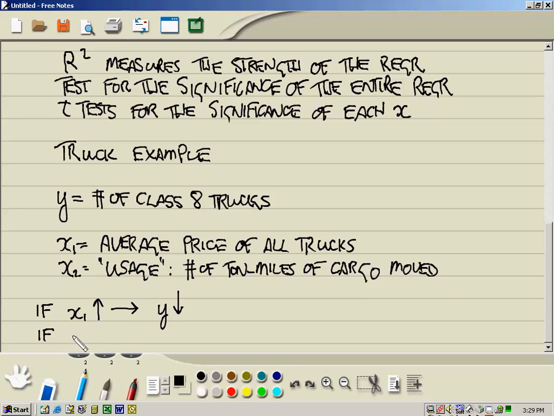So then going to x2, if x2 increases, that is, if the current usage or number of ton miles of cargo moved in the US by the current stock of trucks increases, trucks in that stock will wear out and break down and need to be replaced by new trucks. So if the usage of the existing stock of trucks goes up, then we fully expect that the number of Class 8 trucks sold, new ones, will increase. Now, the regression equation may not give these results, but that's what we expect.